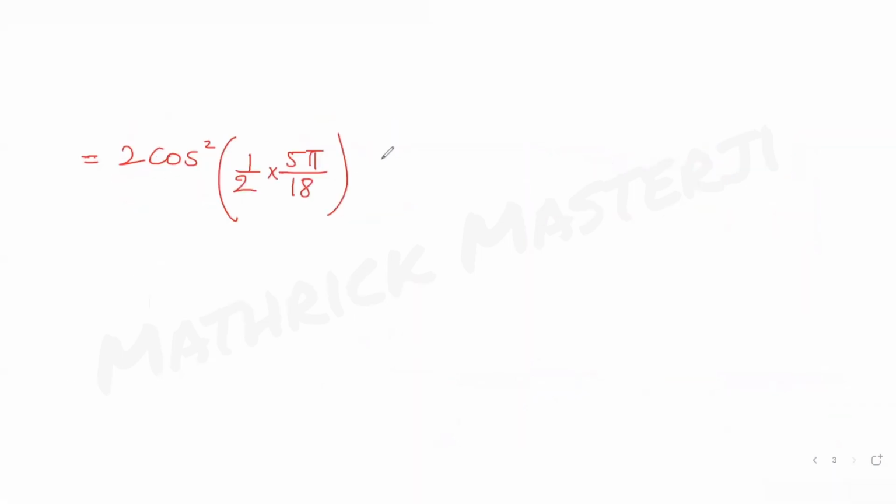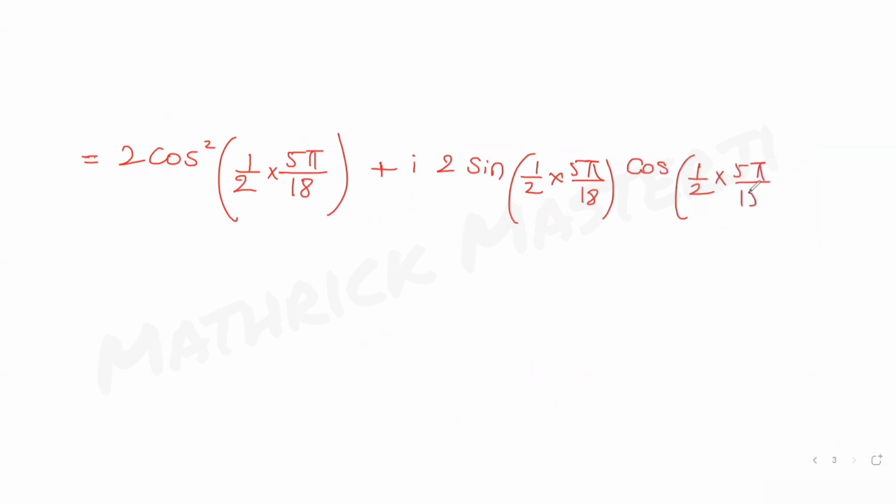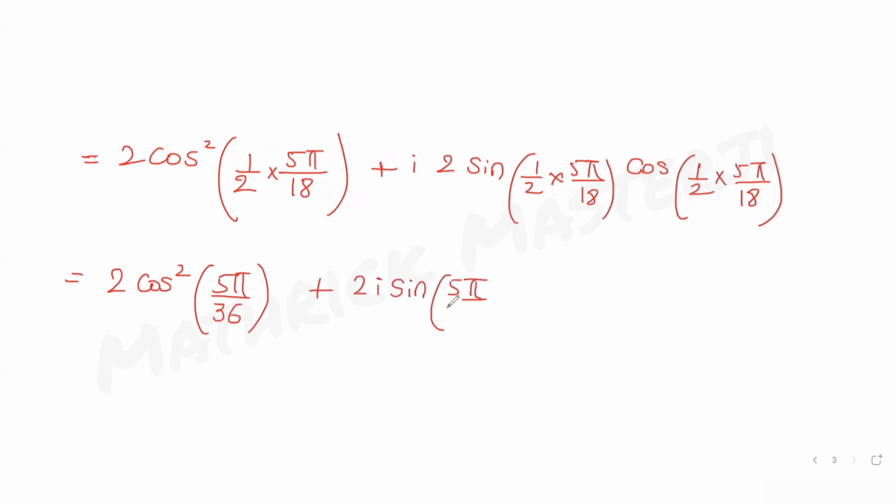Plus i sin of 5π/18, you write that as 2 sin of half into 5π/18 and cos of half. So we get this as 2cos²(5π/36) plus 2i sin(5π/36) cos(5π/36).